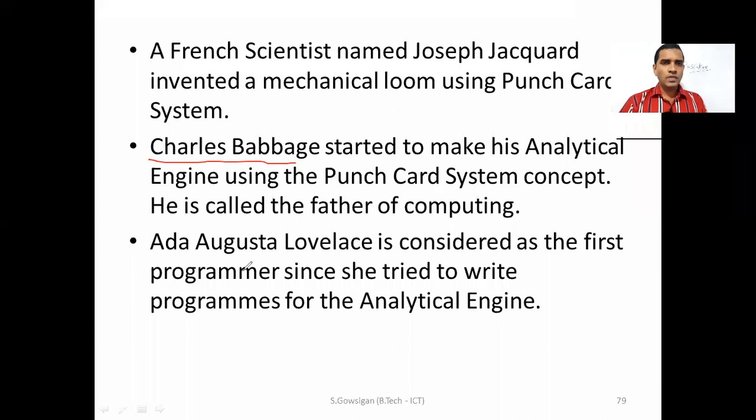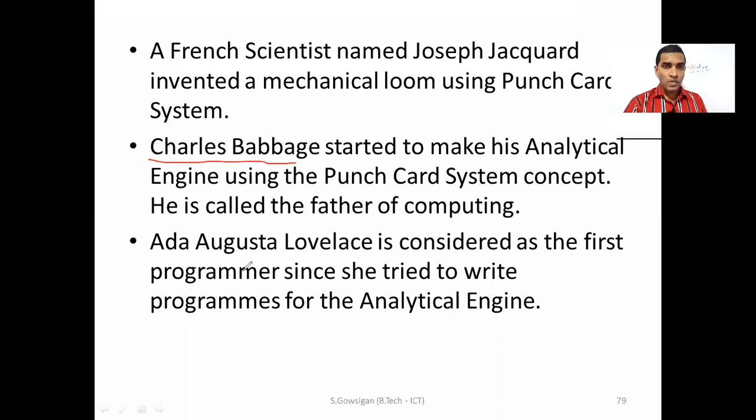As you can see nowadays, you can have hardware like a smartphone or computer, but without a program inside, those hardware components are useless. You cannot take a photo from your mobile phone without a particular software inside. Have you understood? You cannot listen to music without a particular software inside.